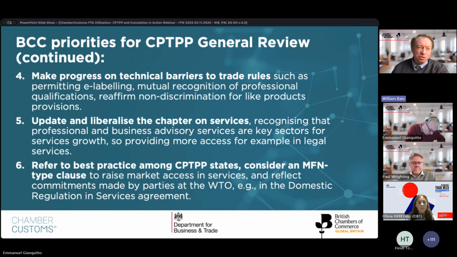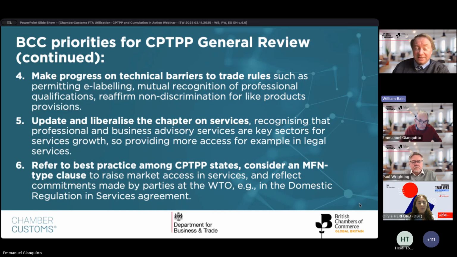So consideration should be given to having an MFN type clause in the agreement, which would raise the bar, raise standards, improve market access, reflecting commitments made by parties at the WTO, for example, very recently in the Domestic Regulation in Services Agreement. So again, that would raise the quality of the agreement, permit more market access, particularly among services, and would be a real step forward in terms of how the agreement works.